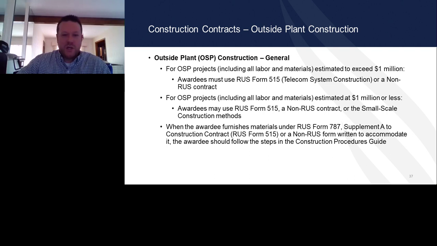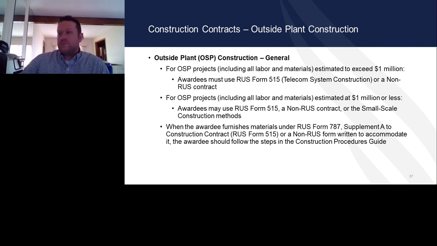Outside plant construction: for outside plant exceeding $1 million, awardees can use RUS 515 or a non-standard RUS contract. For outside plant at $1 million or less, you can use a 515, a non-RUS contract, or small scale construction procedures, which will be discussed further on.